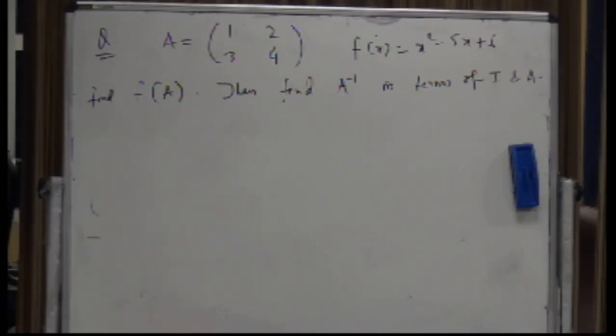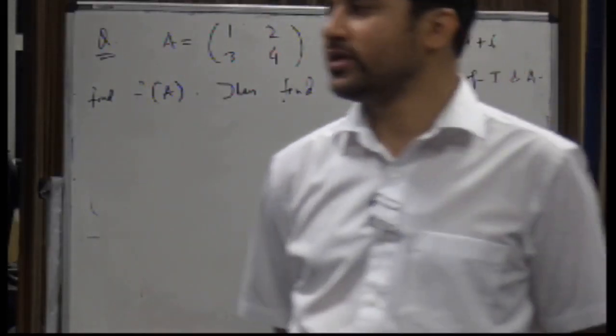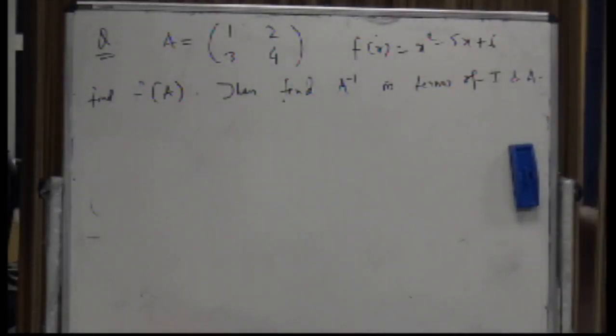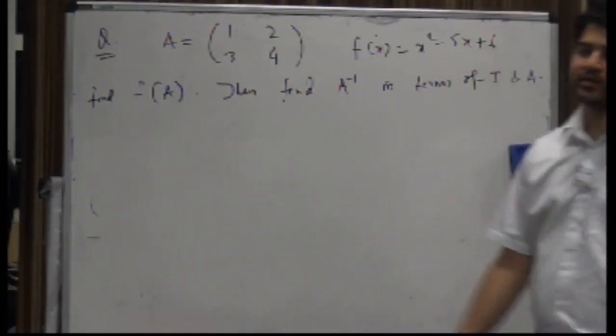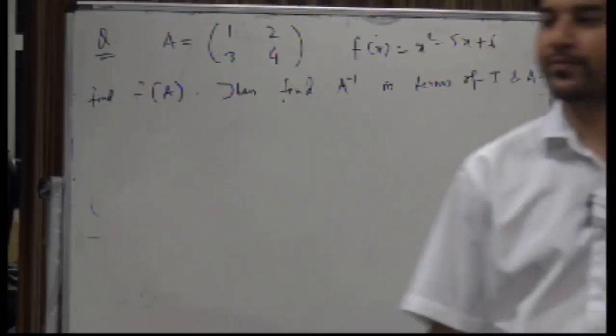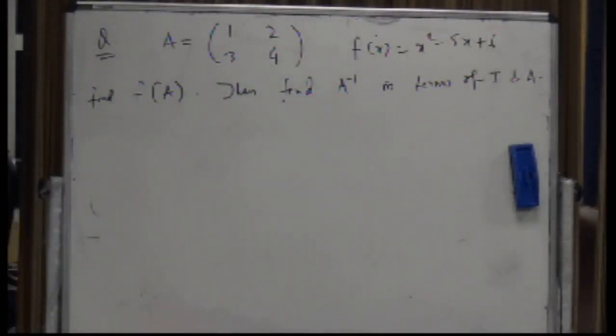Look, you got a very beautiful way to find A inverse. You know what f(x) is? That is x minus 2 into x minus 3. Then what would f(A) be? Oh, you're going to find A square?